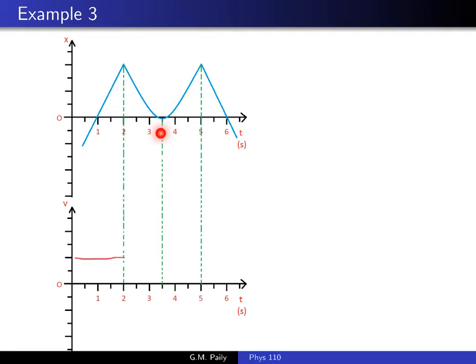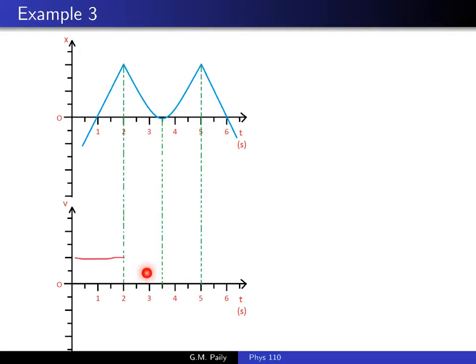In this next region, we notice that the x versus t graph is parabolic, that is, it's quadratic, and so the derivative will be linear. However, will it be linear like this, or will it be linear like this? We look at what happens to the slope. We see that the slope starts out negative, goes to 0, and then goes positive.